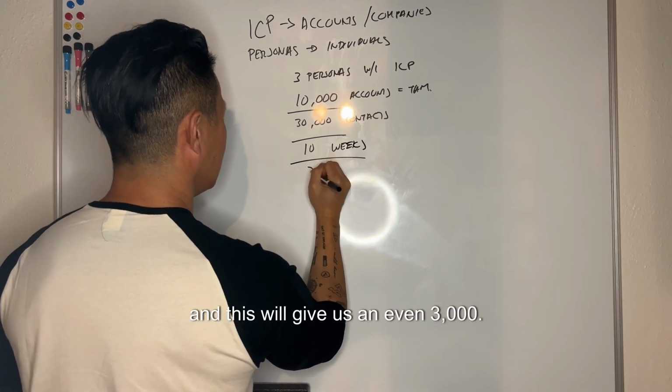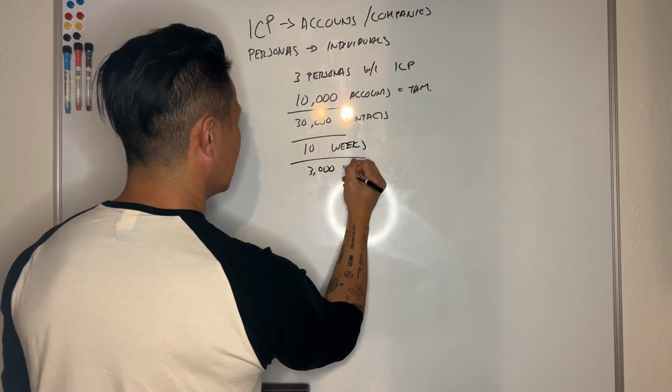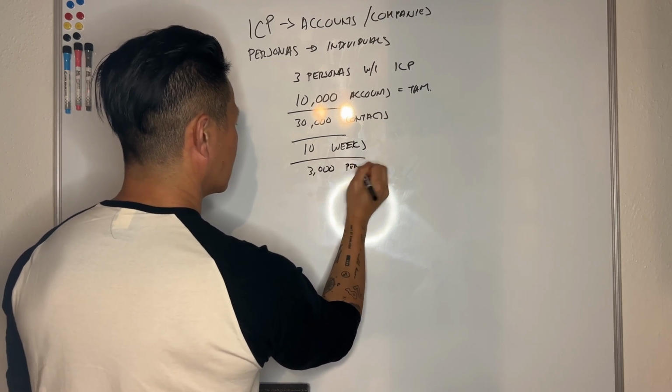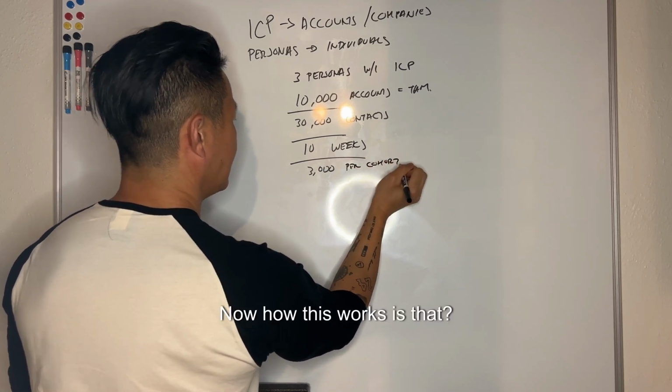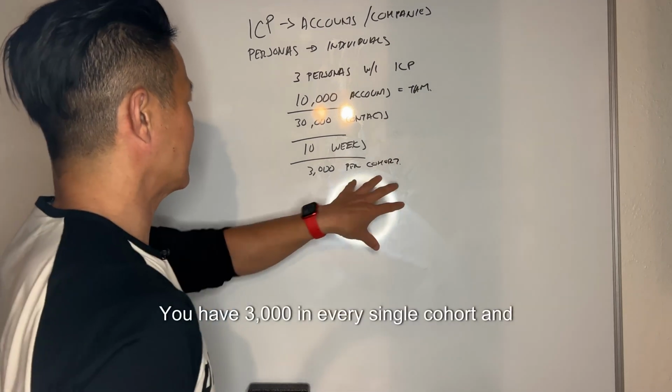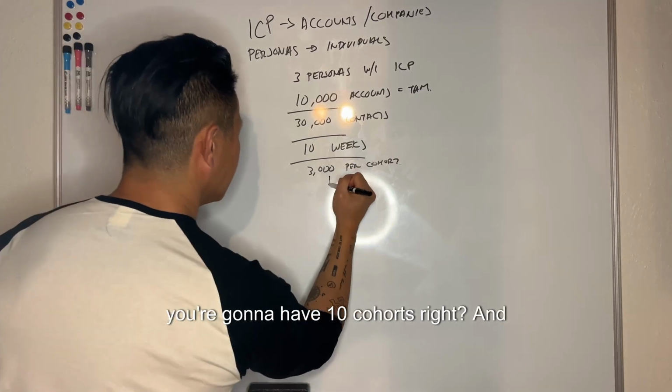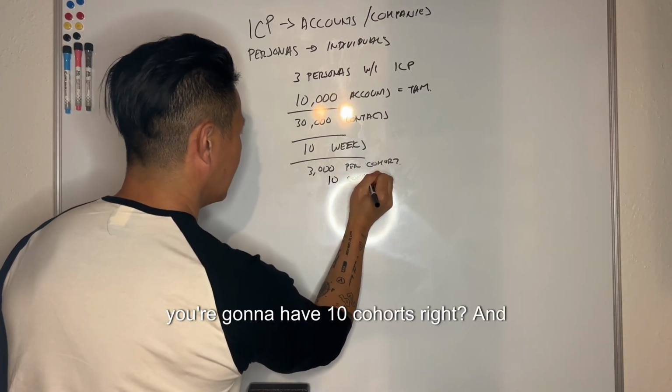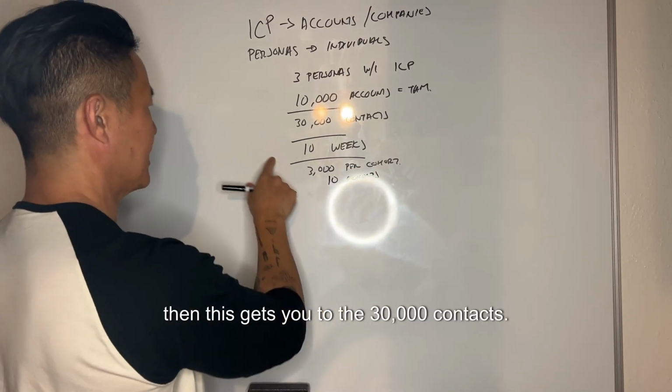And this will give us an even 3,000 per cohort. Now, how this works is that you have 3,000 in every single cohort, and you're going to have 10 cohorts, right? And then this gets you to the 30,000 contacts.